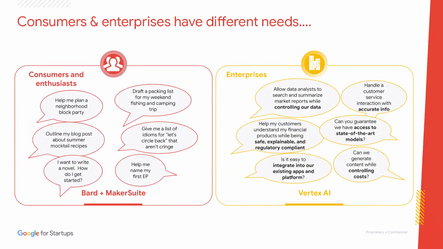You might have heard about the launches this year in February regarding Bard as well as Vertex AI enterprise offerings. I wanted to differentiate because customers always ask questions. We want to use Bard, and when should we use Vertex AI? That's a very good question.